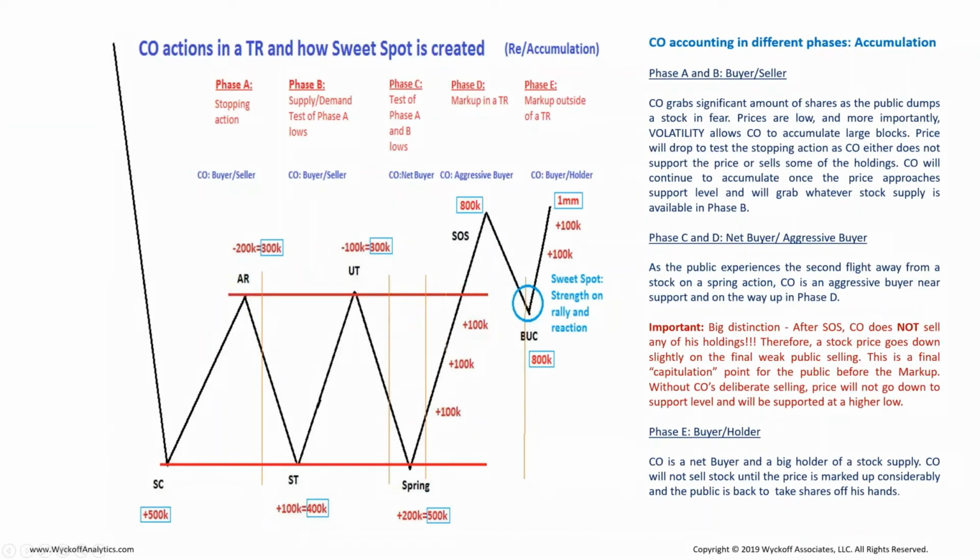So let's go through this. This is a schematic that I've created for you guys with hypothetical behavioral patterns that I'm showing here through buying and selling of the shares by big institutions.